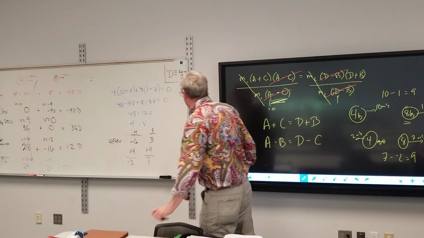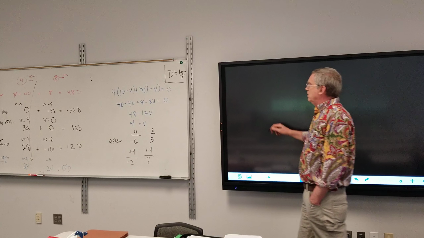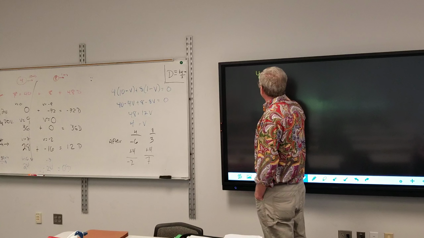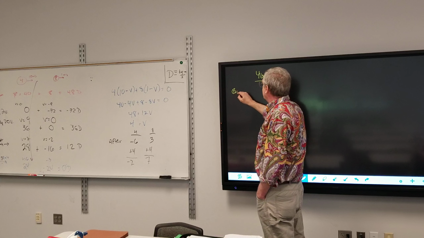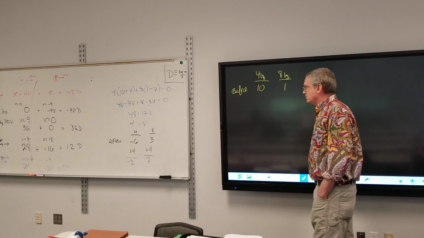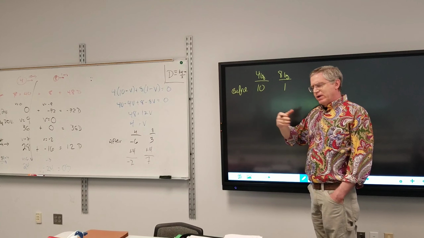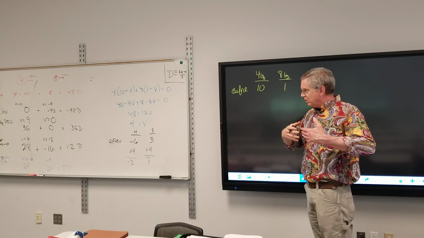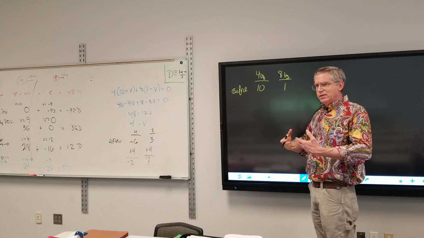This is what the problem would look like if I were solving this. I've got my 4 kilogram mass and my 8 kilogram mass. Before, it's going 10 and 1. I have to figure out the reference frame in which my total momentum is 0.